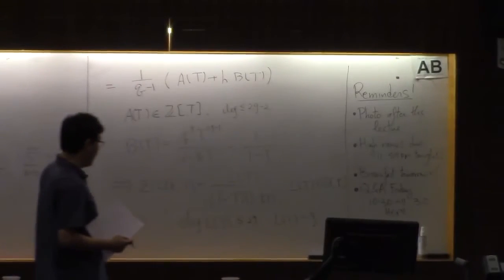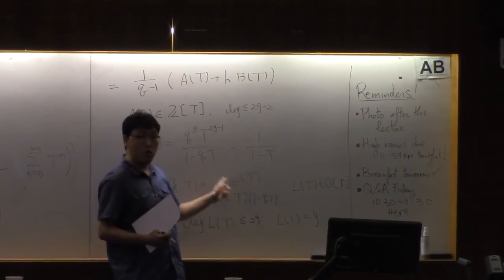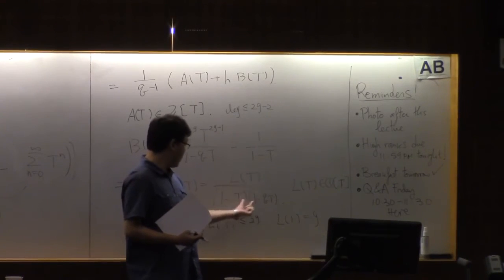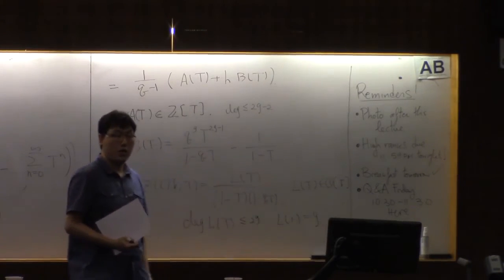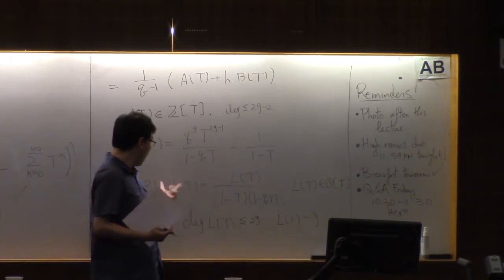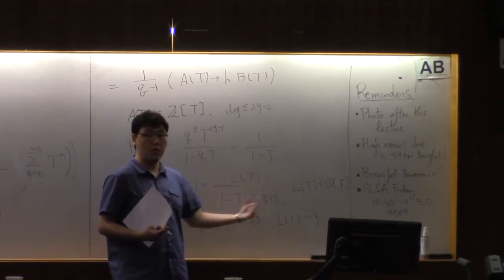Except that I still need to prove that the coefficients of this numerator will actually stay in the ring of integers. But this is true because the numerator is the product of this formal power series and these two linear functions.